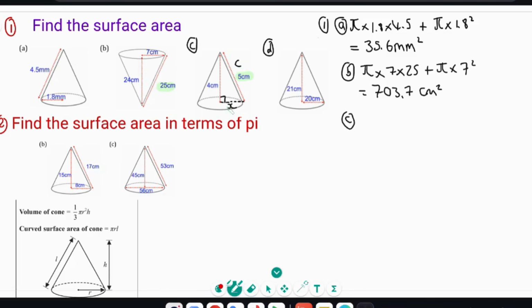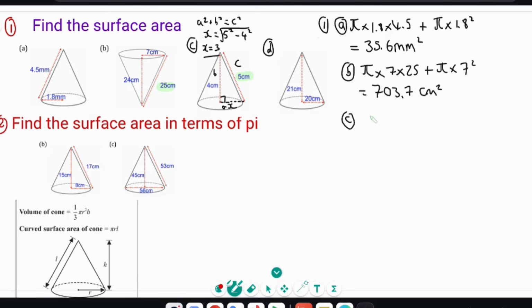So ABC, 5 is the hypotenuse, a squared plus b squared equals c squared. So x squared equals, so we're looking for the shorter side, so we need to square, subtract, square root, which gives us 3.